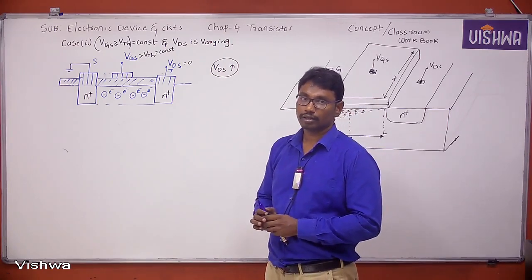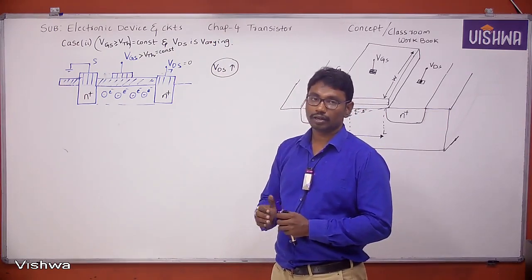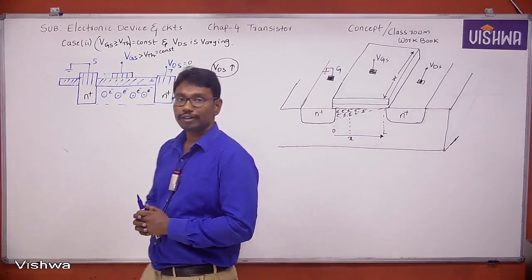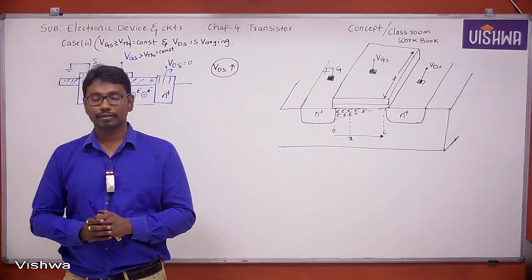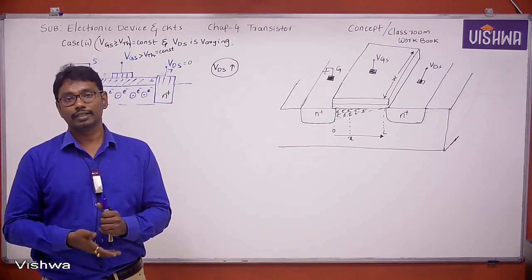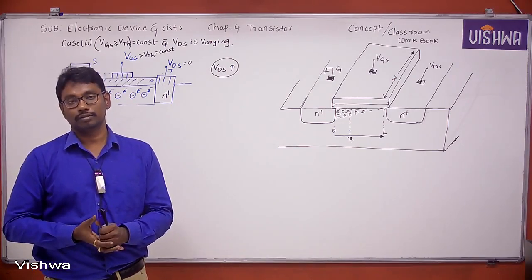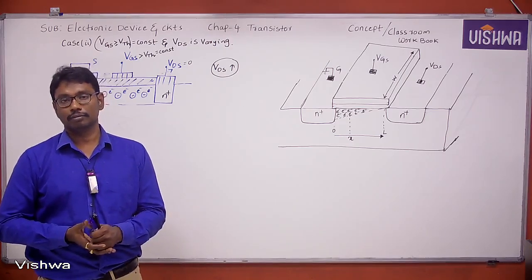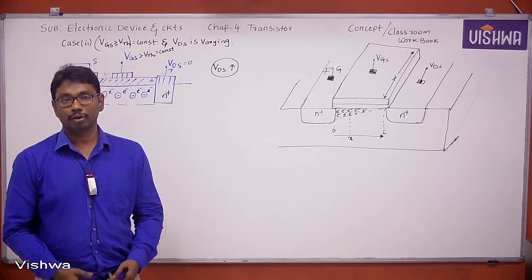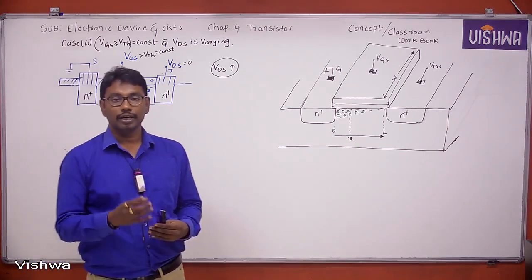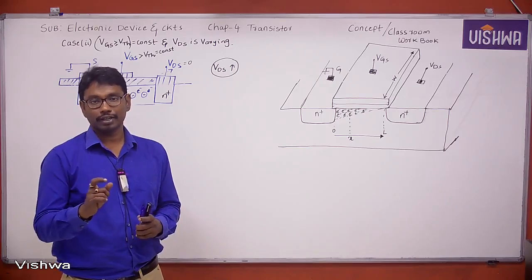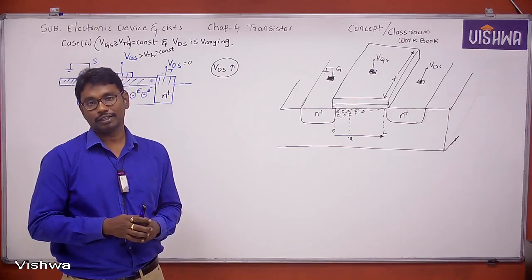When VDS is 0, then current IDS is 0, because there is no movement of charge carriers between source and drain.